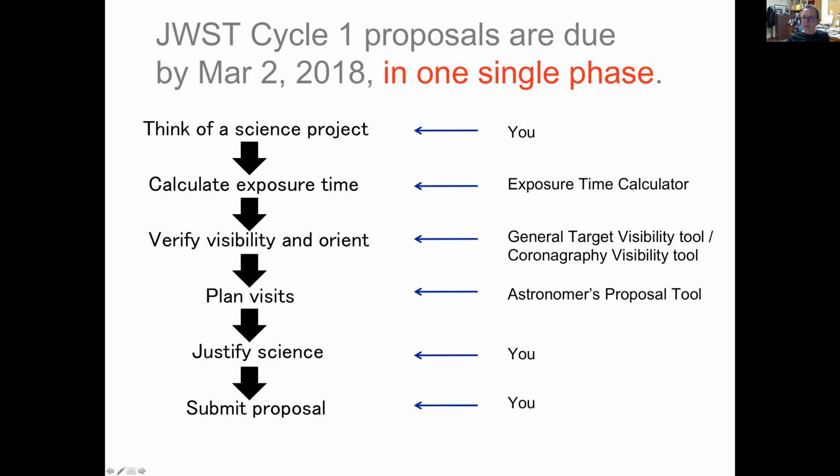So there are tools for this, called the target visibility tool for general imaging and also for cosmography. And then once you know all this, you have to plan your visits, and that's done through the APT, the Astronomers Proposal Tool. Okay, and of course, as part of the APT, you'll have a science justification, and then you submit.